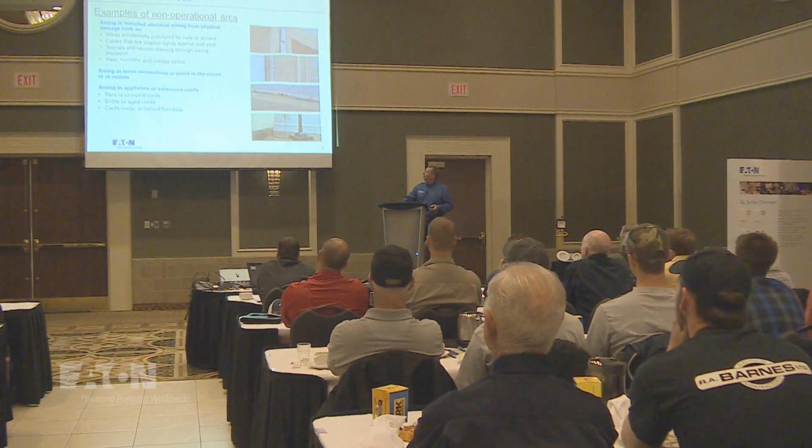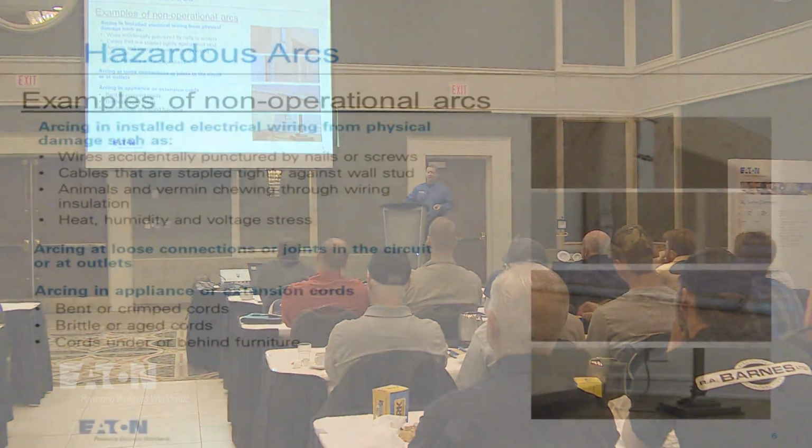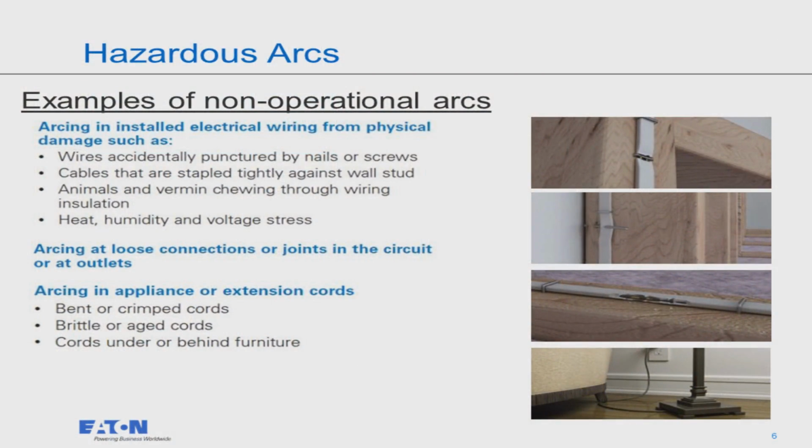The examples of the non-operational arcs, the hazardous arcs that we're really designing this technology to detect to make the home safer, are when there's damage to the wiring. When wires get punctured by a staple or a nail, or animals chew on the wires, you get exposed conductors, and you get arcing from those conductors to ground or to line.